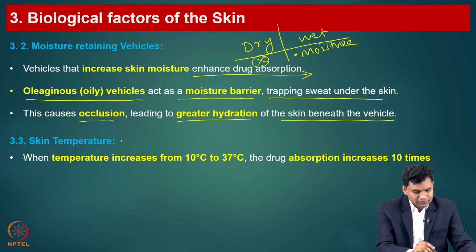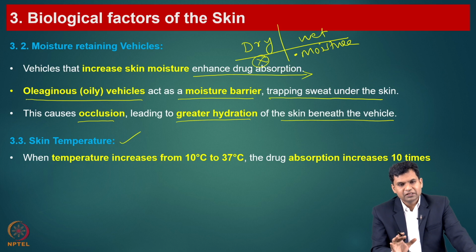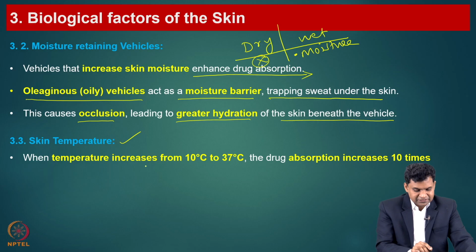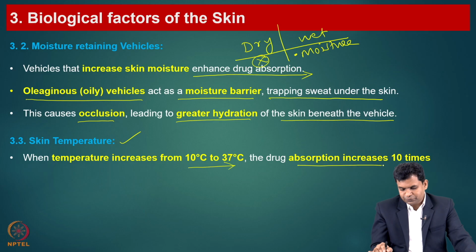And the third one is skin temperature. When you are using stimuli responsive formulations, temperature also has a major role in permeation. When the temperature increases from 10 degrees centigrade to 37 degrees centigrade, the drug absorption increases 10 times.